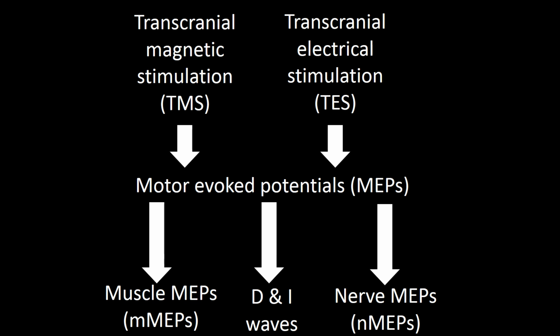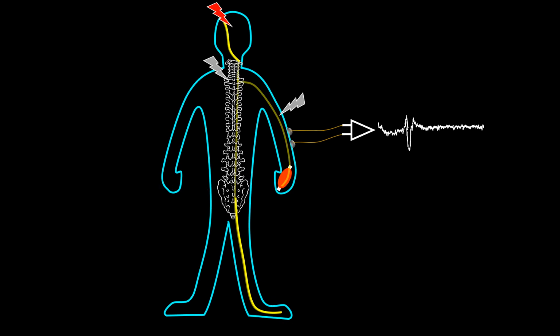For example, at the level of the brachial plexus. Motor evoked potentials recorded from the nerve are called N motor evoked potentials. And they can be triggered by anodal stimulation in the cortex or cathodal stimulation in the spine or in a nerve proximal to the recording site.